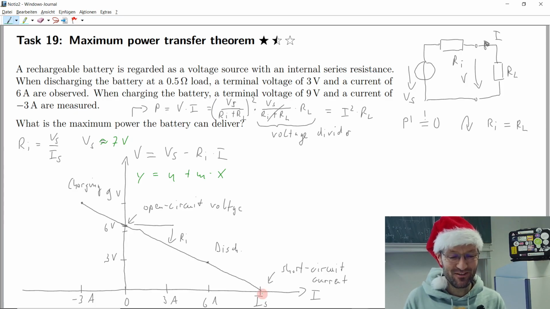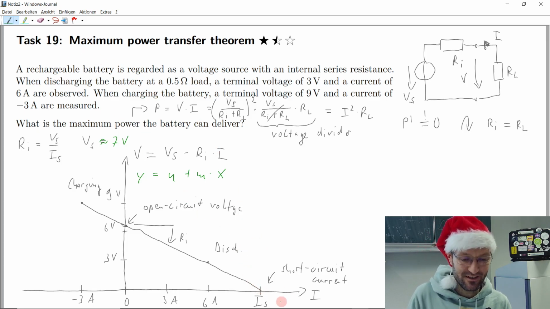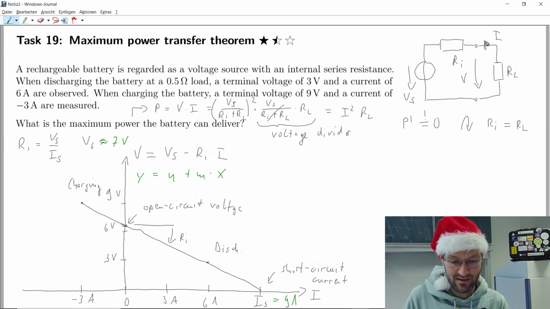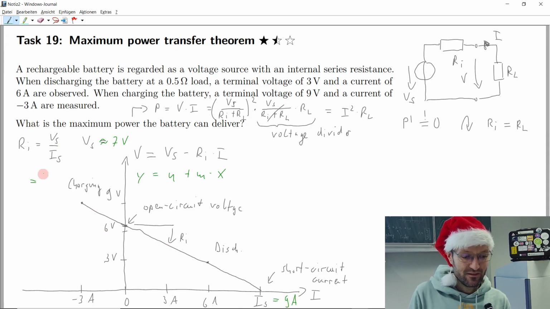And this point here, this is at 3, this is at 6, could be at 9. So let's say this is 9 ampere. Then the inner resistance is 7 volt divided by 9 ampere. 7 divided by 9 is not easy to calculate, but it's 0.77 or something like this ohm, right?